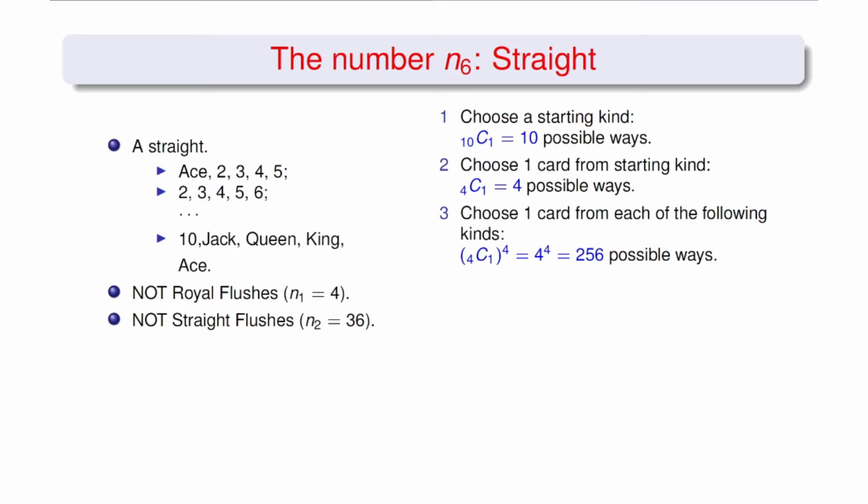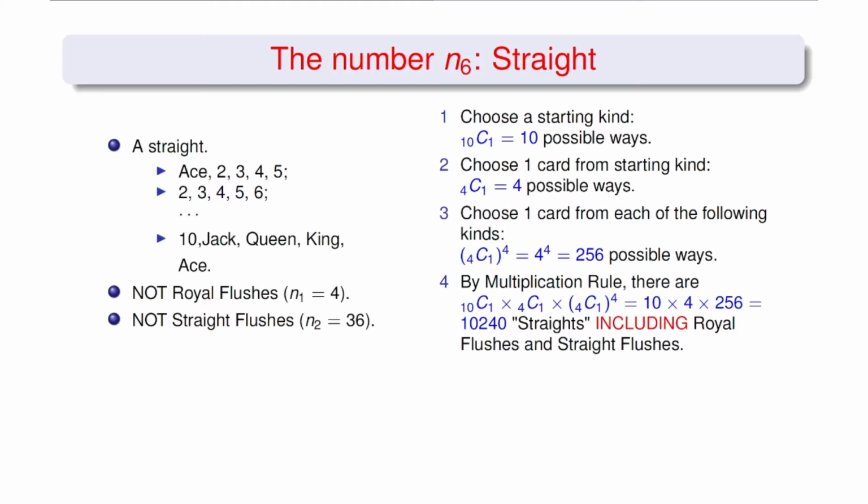Then after step 1, 2, 3, we got all the straights. So by multiplication rule, we have 10,240 straights. Well, be careful here. These straights include royal flushes and straight flushes. All right, be careful.